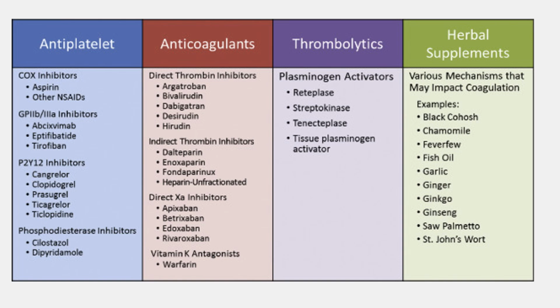The important ones in these groups that we'll talk about a bit, dabigatran, enoxaparin, heparin, and of course we're going to talk about warfarin. So again, they're categorized in different groupings even in this group of anticoagulants just because they have an effect at different areas of the clotting cascade.